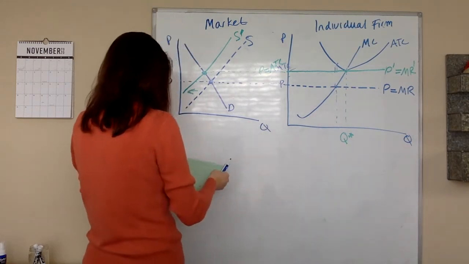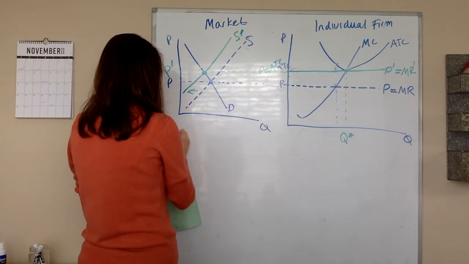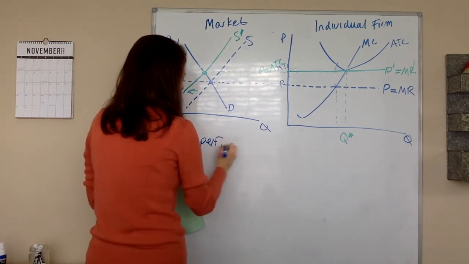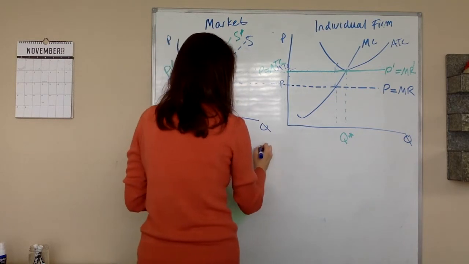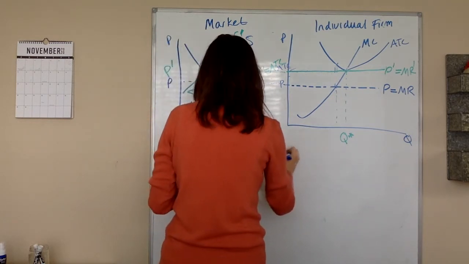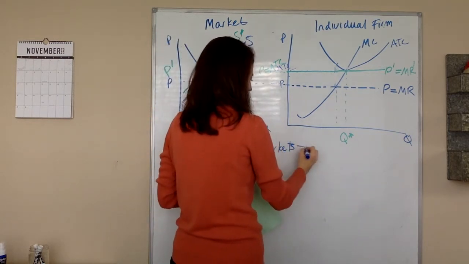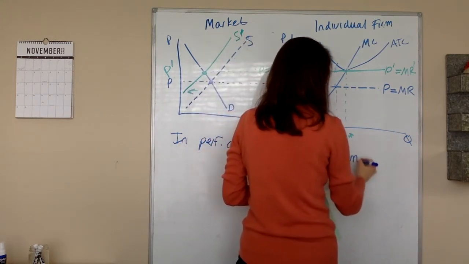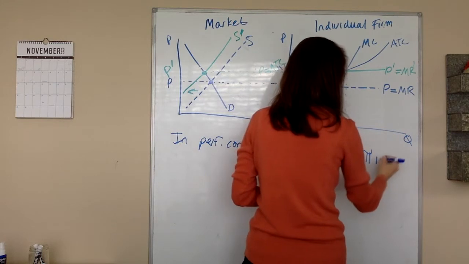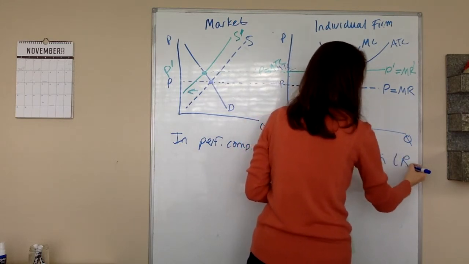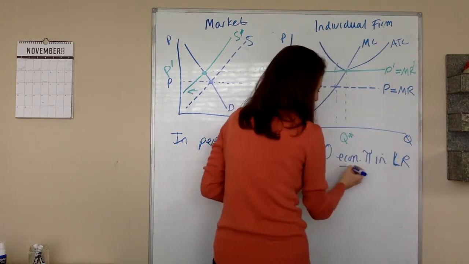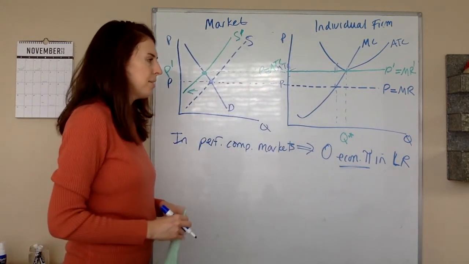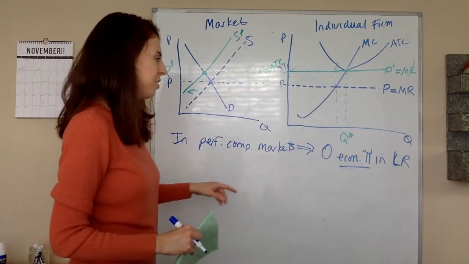Okay, so let me write this out. So, in perfectly competitive markets, there is zero economic profit in the long run. The reason I'm saying economic profit is because economic profit includes implicit costs, which accountants again don't think about.